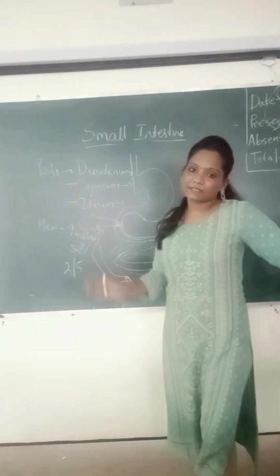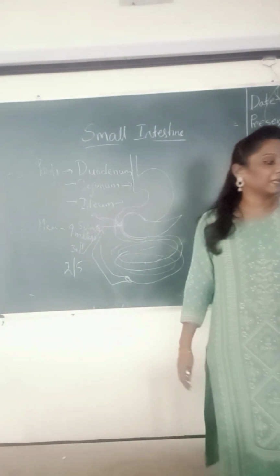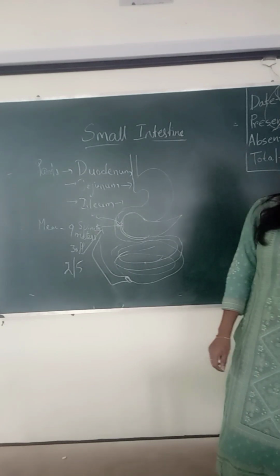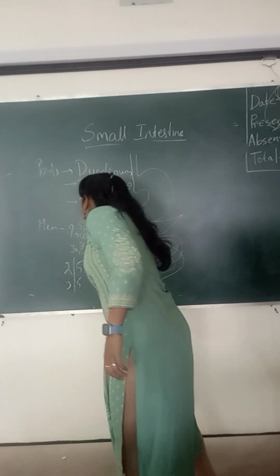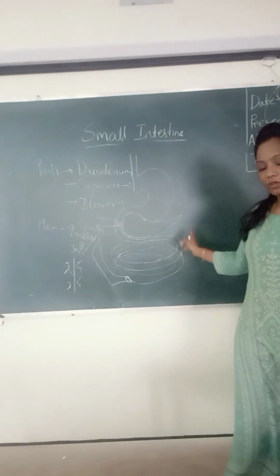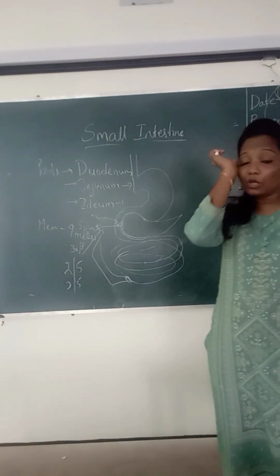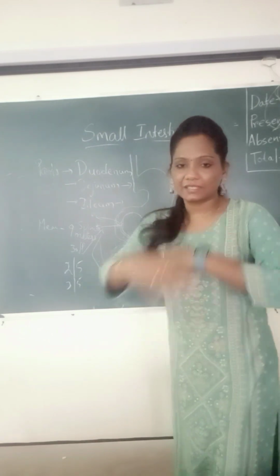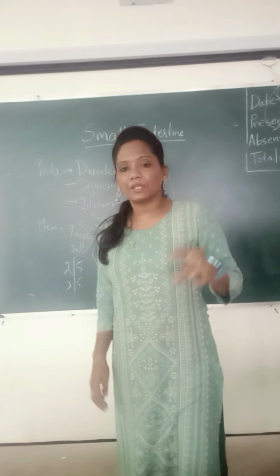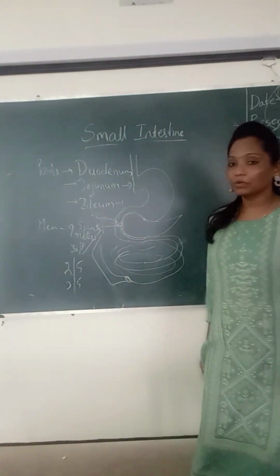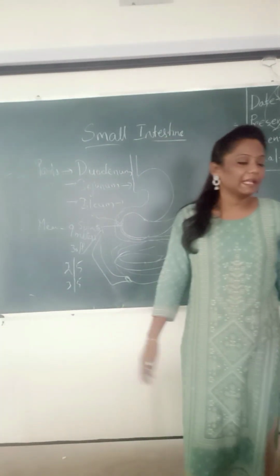It is the longest part of the small intestine, and it measures approximately 3/5 of the total length, long and coiled up. Like a folded one, a long and coiled-up appearance you can see in the image also. So duodenum is the starting portion and ileum is the ending portion of the small intestine.